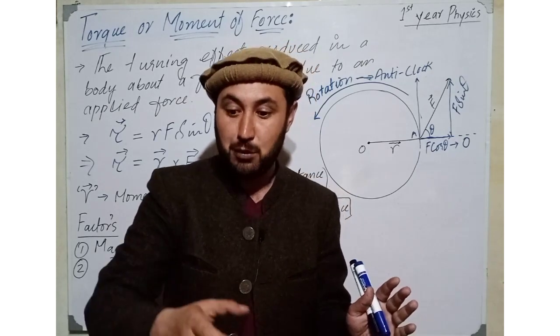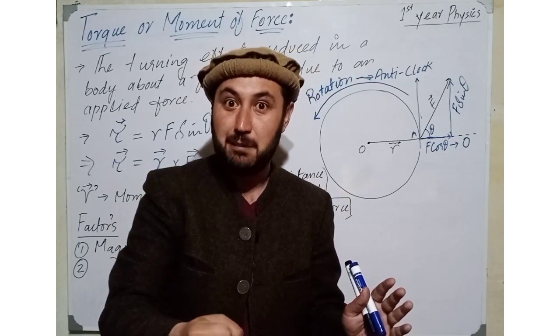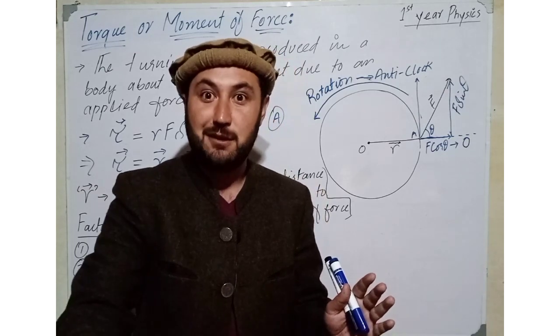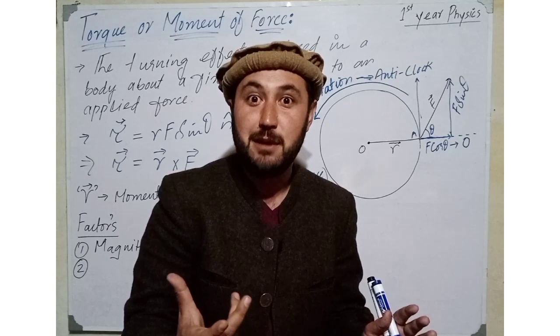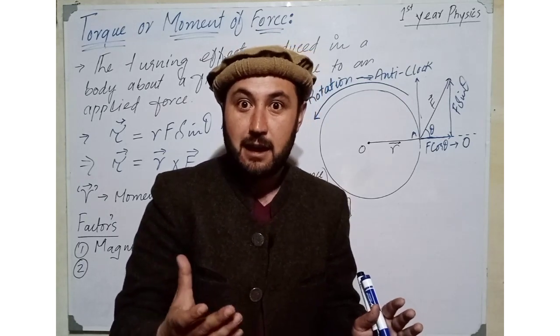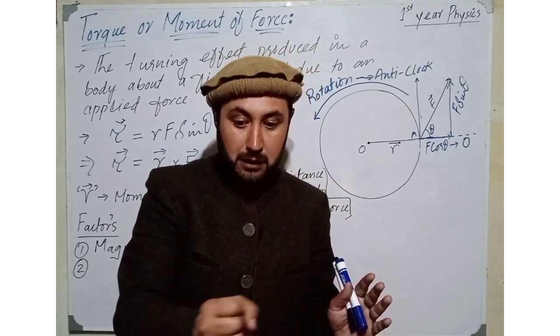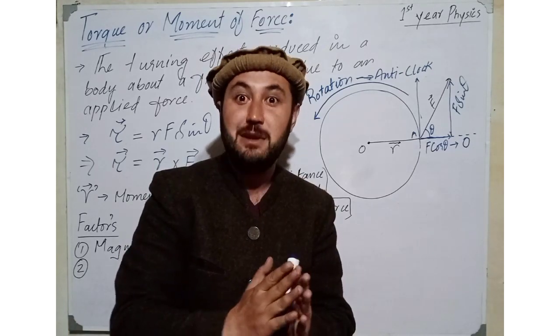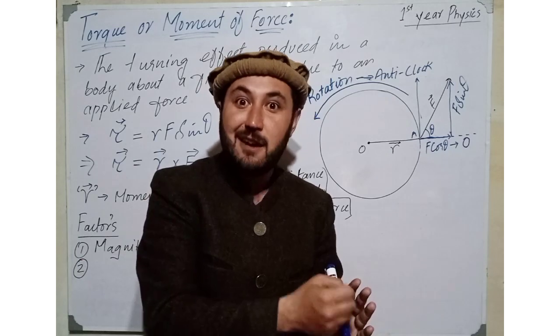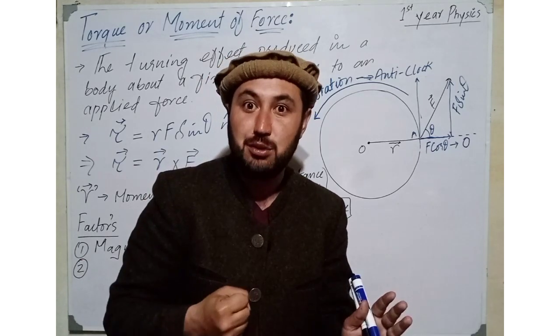In the first case, the moment arm is small. We are applying force close to the axis of rotation, so the perpendicular distance is small and more effort is required. Now, if we move the point of action away from the axis of rotation, the moment arm increases, so less effort is needed in order to open such a door.